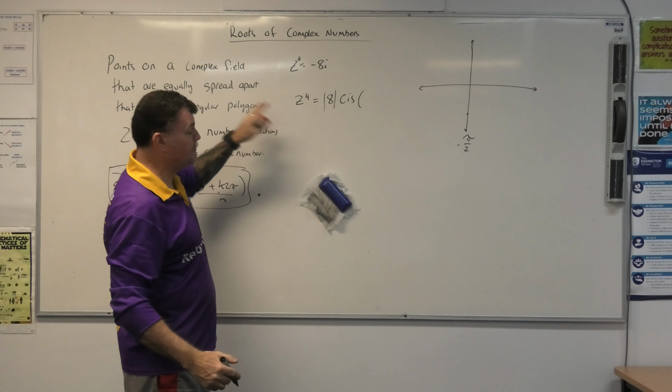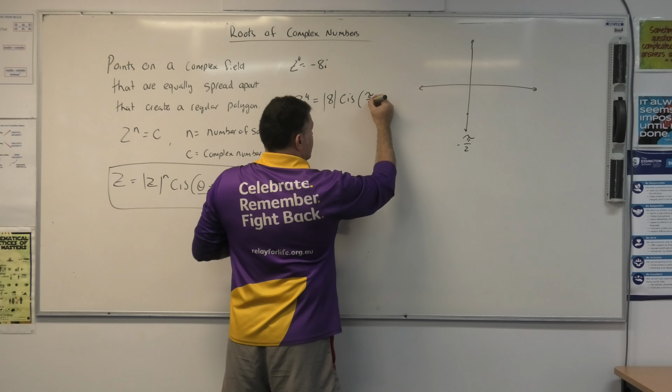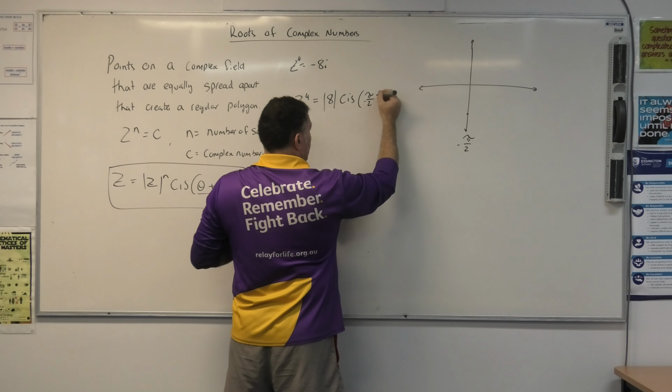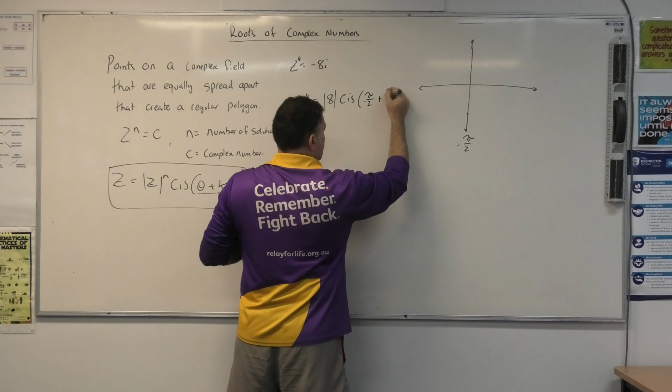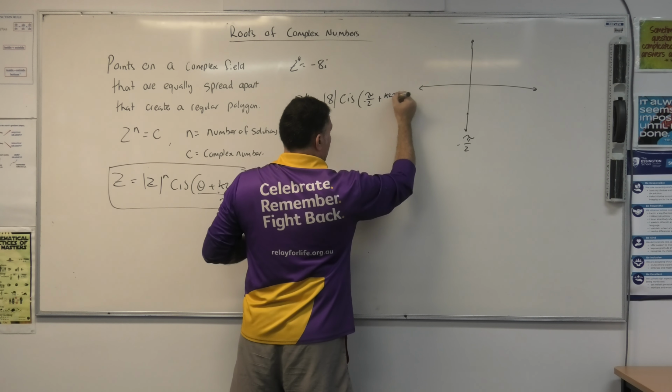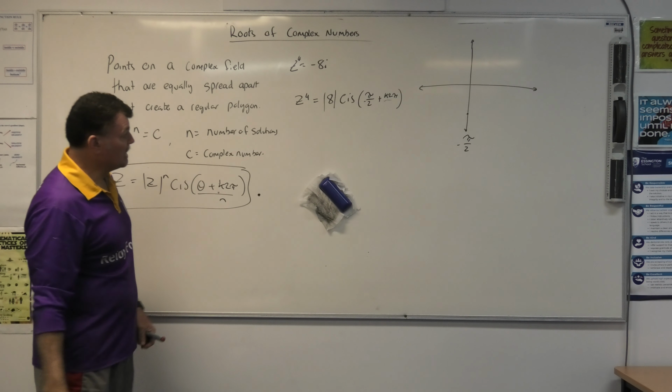It's different to what we had before when it was equal to 1. So therefore we would write here -pi on 2 plus k 2 pi, and there's my calculation there.